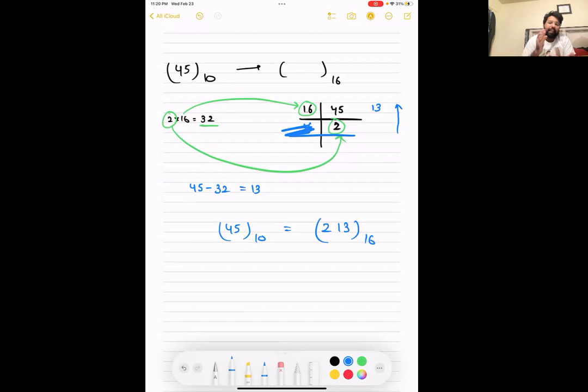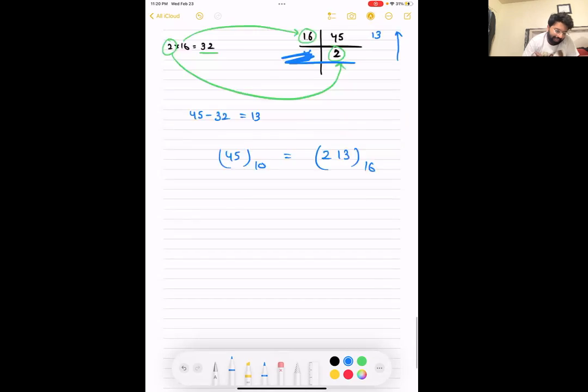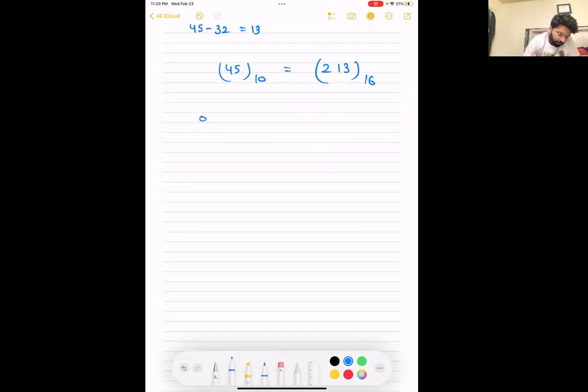But here's the thing, there is no such thing as 13 in hexadecimal. What we have is 0 through 9. Then instead of 10, we write A. Instead of 11, we write B. Instead of 12, we write C. And we go until F, which is 15.